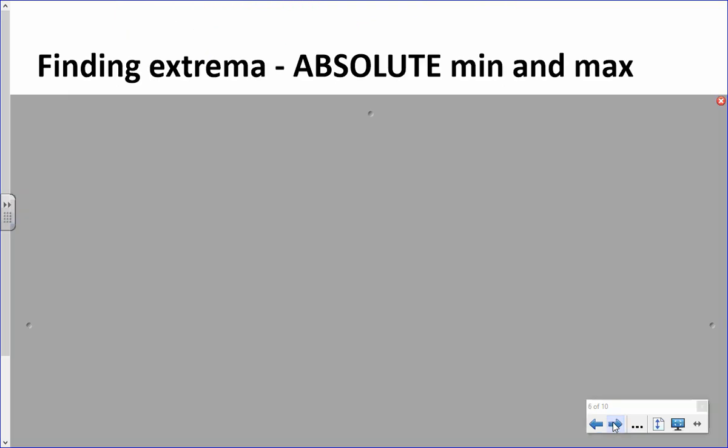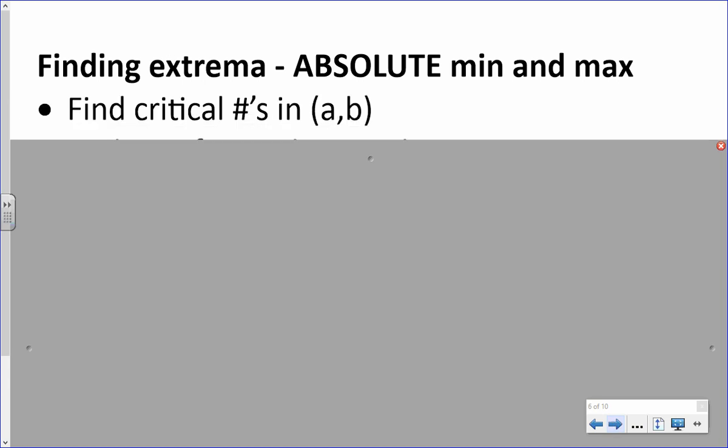So, here are the steps to finding absolute minimums and maximums. And these are going to be on an interval. Okay, so we're on a closed interval from a to b. On the open interval a to b, find critical numbers.